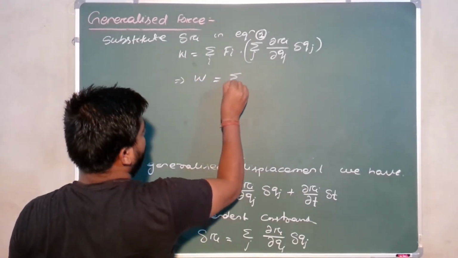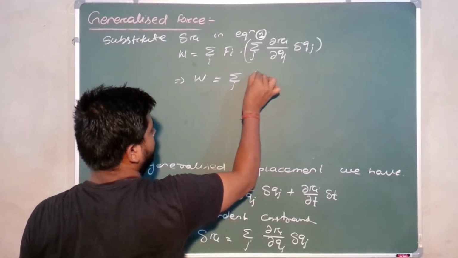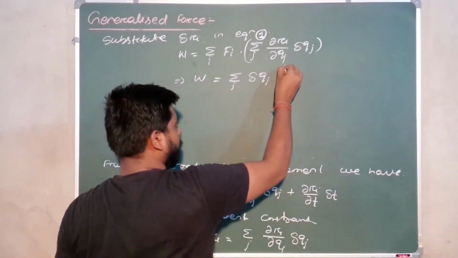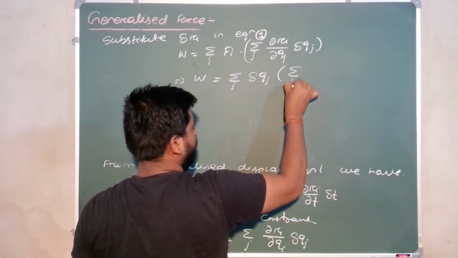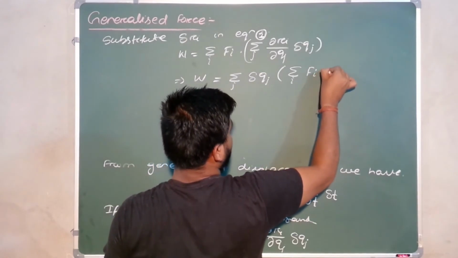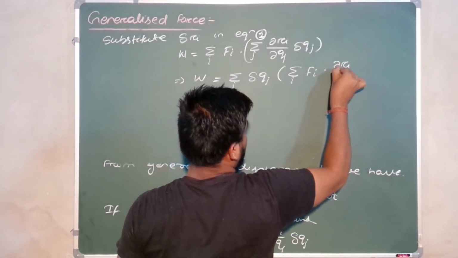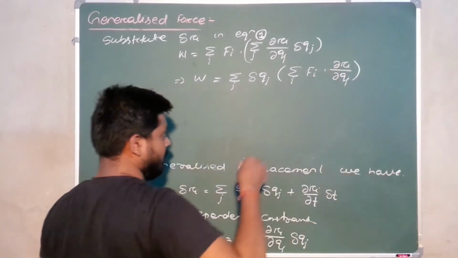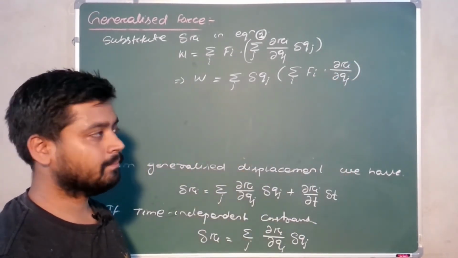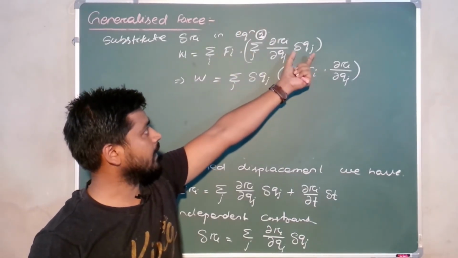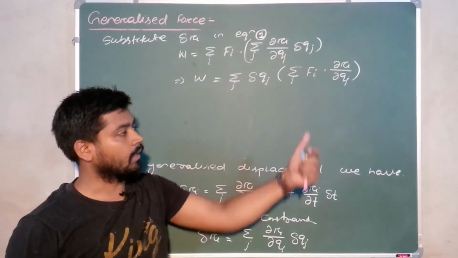Just write sum over j delta Qj, then sum over i Fi dou Ri by dou Qj. Okay, yes or no? Just take the delta Qj from here to here. Is this okay?